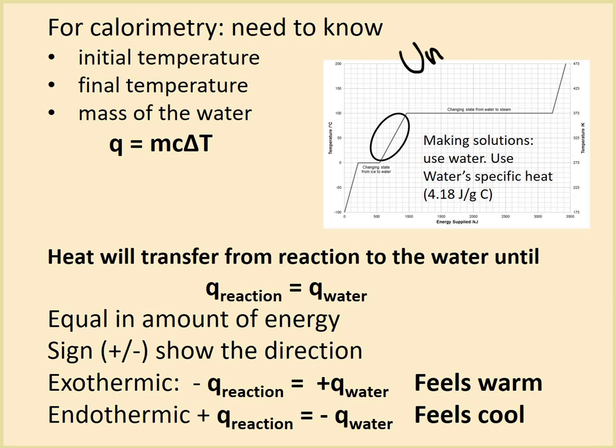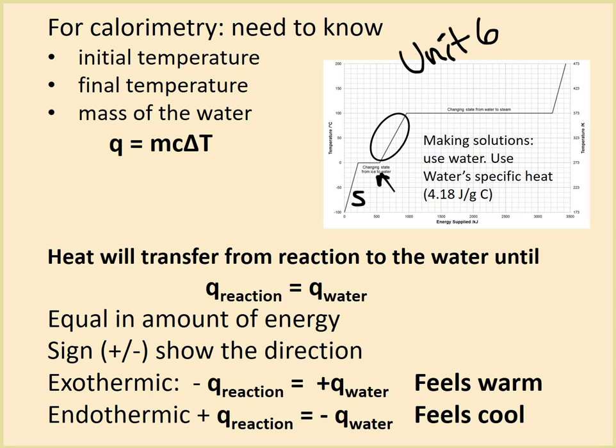So in Unit 6, we talked about these cooling curves and heating curves. Here we have ice as a solid, and as it's heating up, its molecules are moving faster. Then the energy is going to breaking the bonds to melt it. The molecules aren't moving faster because the temperature is staying the same.